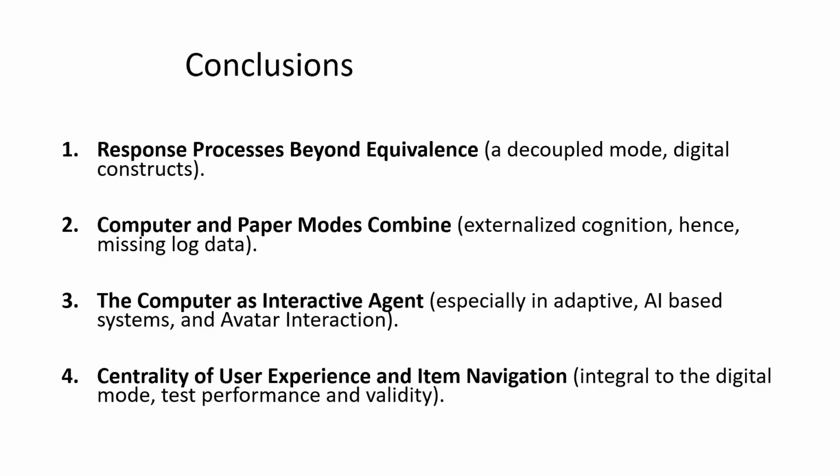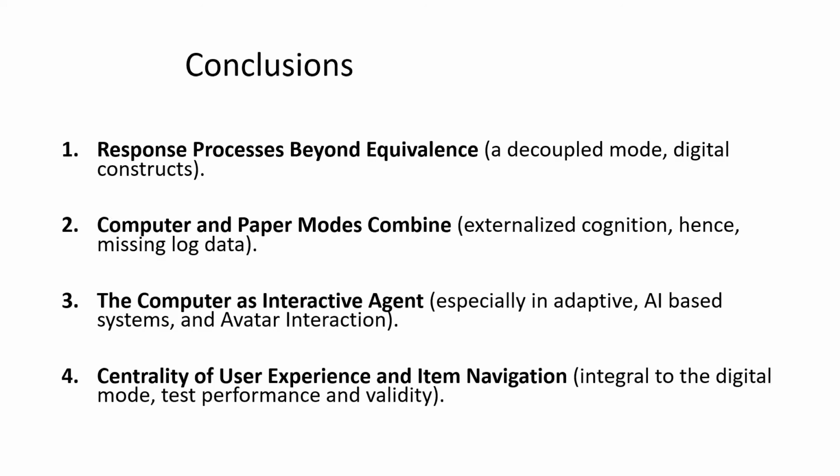There's also potentially missing log data, for example, where people stop to talk with the administrator or where they use pen and paper, that multimodal process data can capture in ways that log data alone can't.